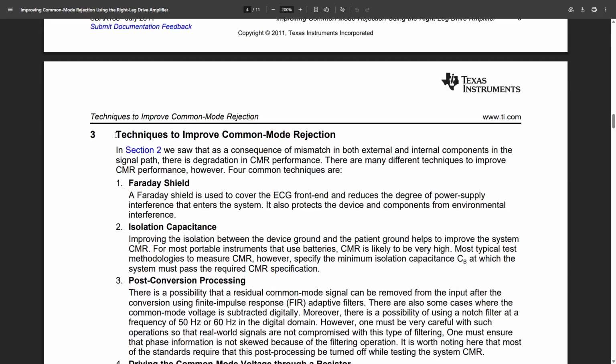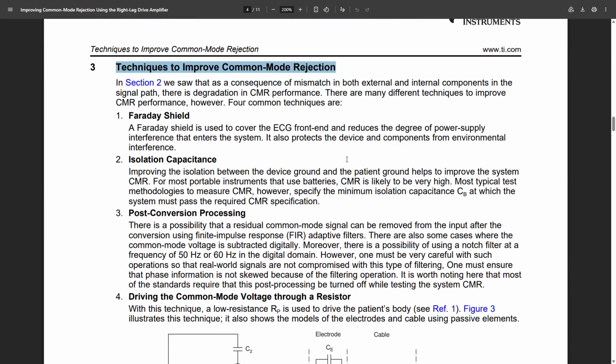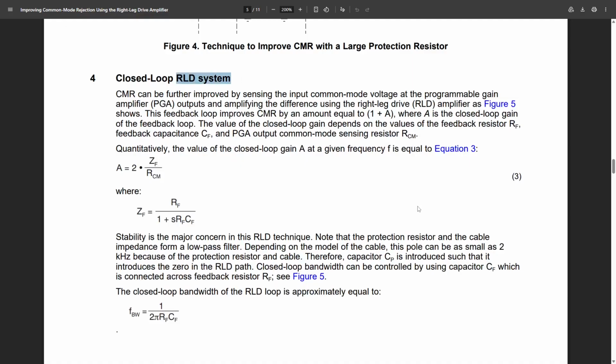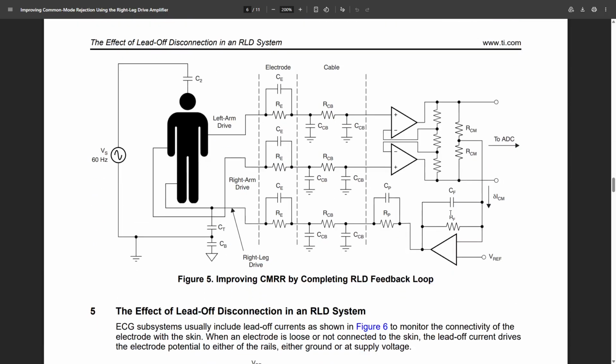Now that we understand the problem, we can introduce the RLD. There are different techniques to improve common mode rejection, and the TI application report discusses several of them. However, the RLD is one of the most interesting solutions because it does not simply reject the noise, it actively reduces it. The idea behind the RLD is a negative feedback loop.